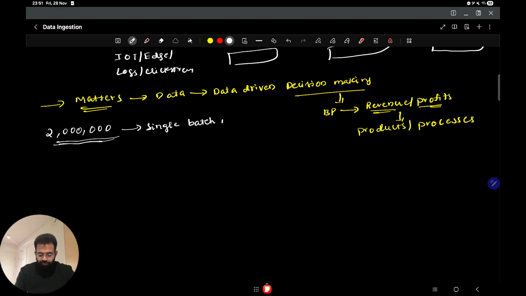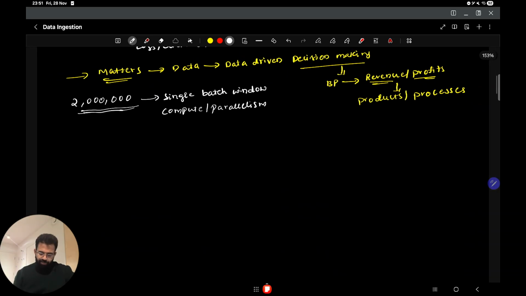And in order to process this many events in a single batch window, you might require a lot of compute and parallelism. Of course, it depends on the technology, but generally you still need a lot of compute and parallelism. So that's the basic idea.